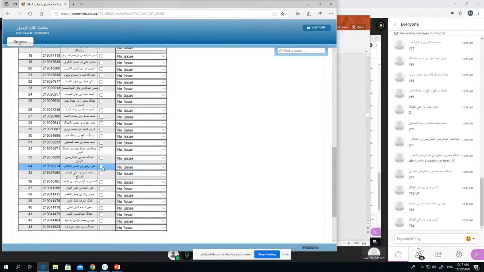Umar Wahid is there. Umar Wahid absent. Muhammad Shabir. Shabir is there. Shamsun Saleh is there. Umar Ahmad. So Jamal Raed, Jamal Raed is absent. Oh, he is there.